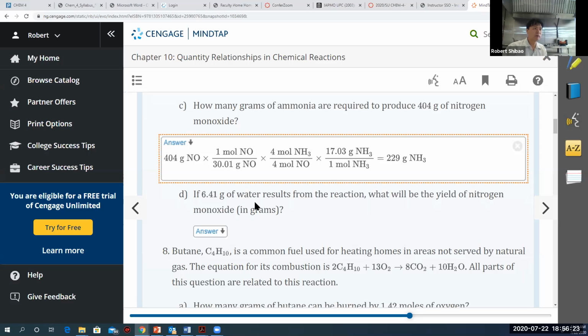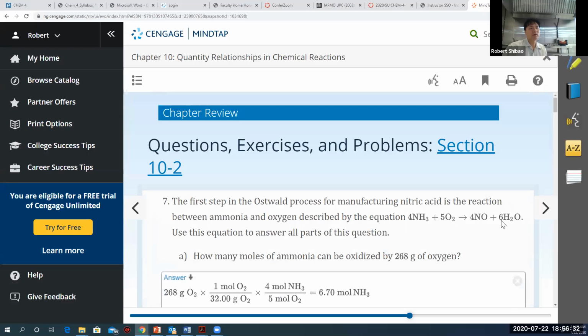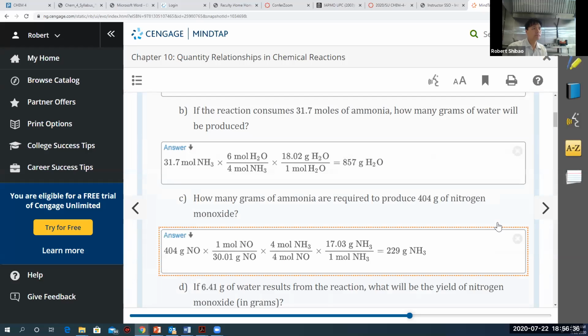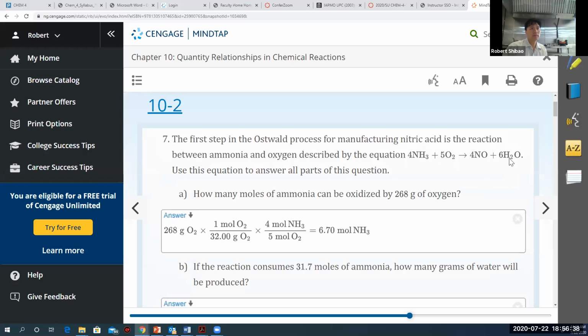If 6.41 grams of water results from the reaction, what will the yield of nitrogen monoxide be? Okay, so if we made 6.41 grams of water, how many grams of NO must have formed? This is the same thing, with stoichiometry, we can relate any of these two things.